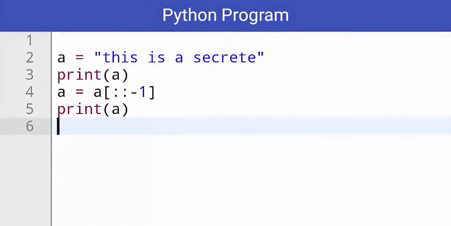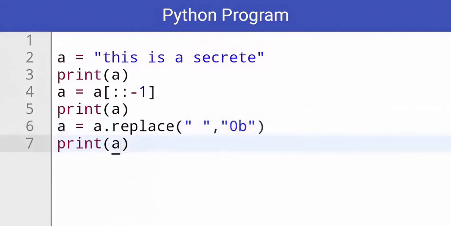So now we're just going to replace all the spaces in our string with some specific characters. All the spaces in our string are going to be replaced with 0B. So let's run this code again to see what our encrypted message looks like so far.